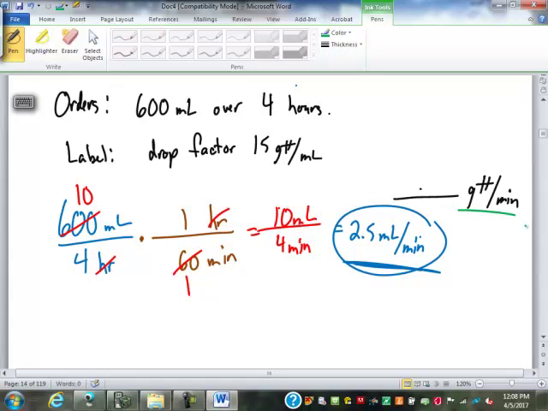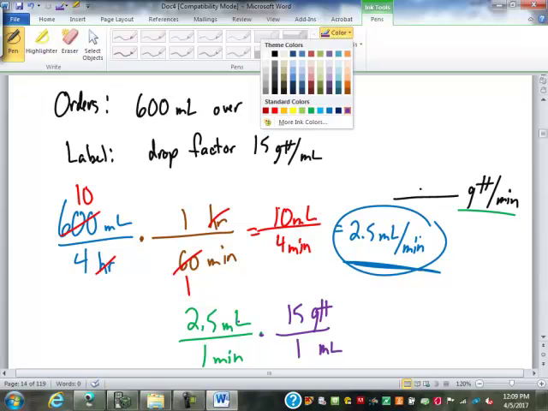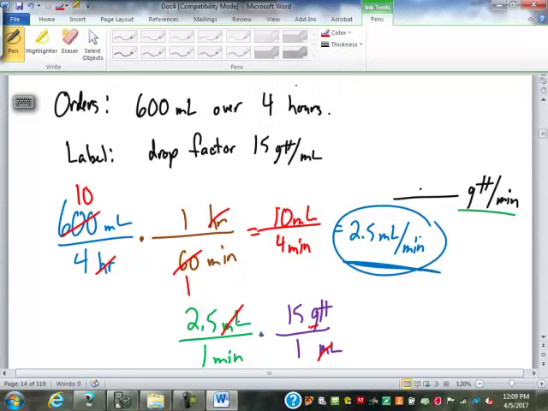Here, though, I want drops per minute. So I'm going to have to take that 2.5 milliliters over 1 minute and keep going. 15 drops per milliliter. Now, get rid of milliliters. Milliliters are going to go on bottom, drops on top. 15 drops per 1 milliliter. So the milliliters are gone. Now I have drops on top and minutes on bottom, which is what I want. 2.5 times 15 is 37.5 drops. 1 minute times 1 is 1 minute.